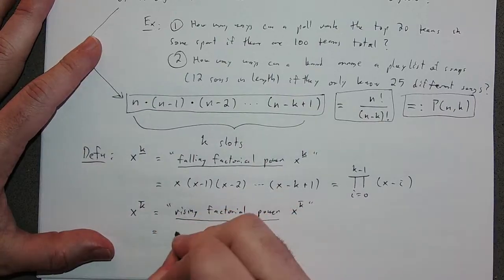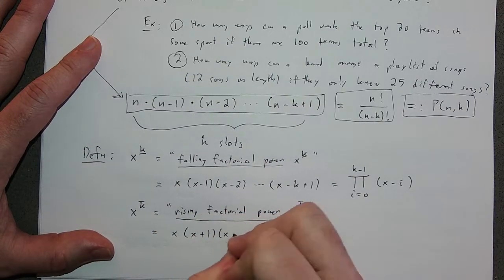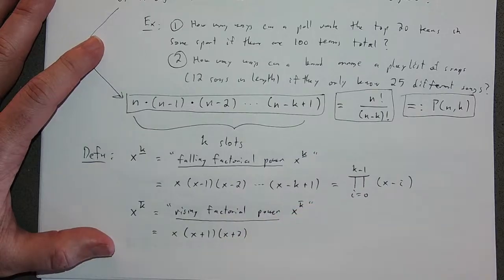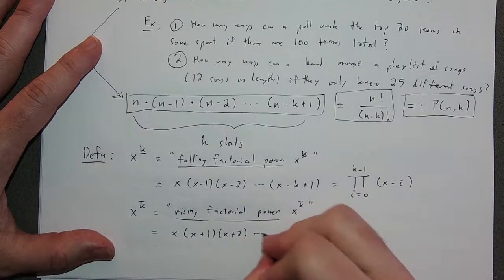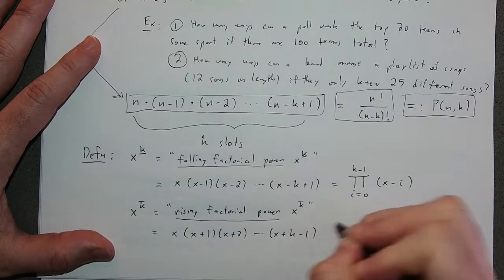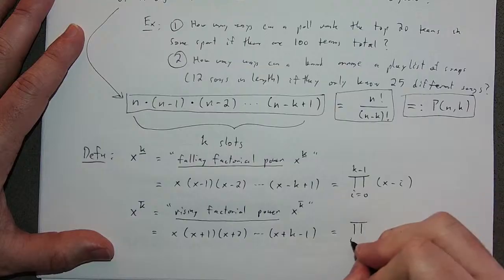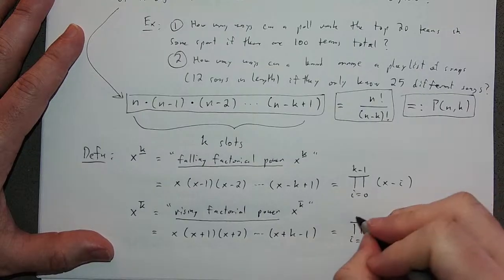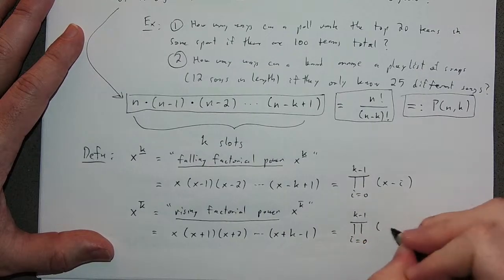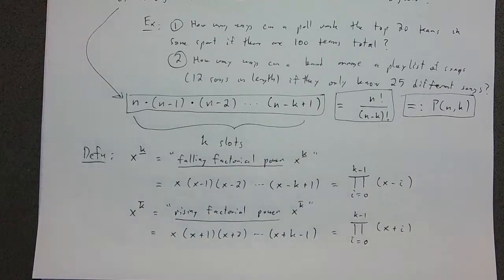This is x times (x plus 1) times (x plus 2), and so on out to x plus k minus 1, which can be written in product form easily to see what it is that's actually going on here. This is just x plus i instead of x minus i.